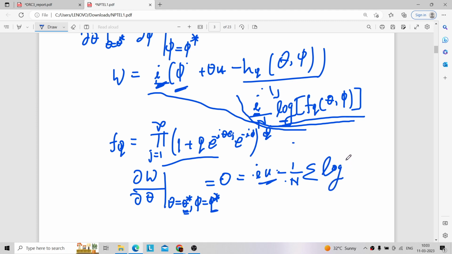This function I can write as 1 plus q e to the power something and q. Then I have to do the derivative of this with respect to theta.